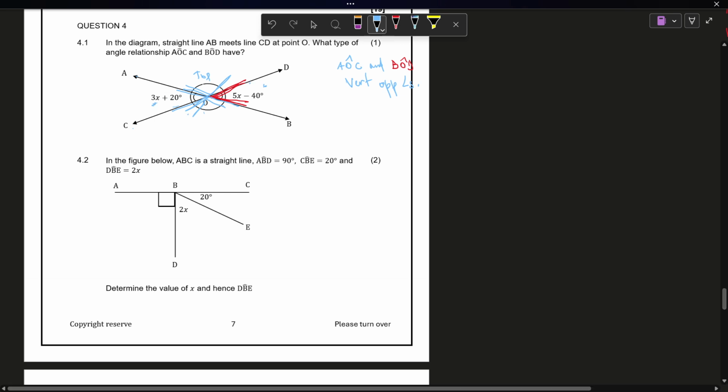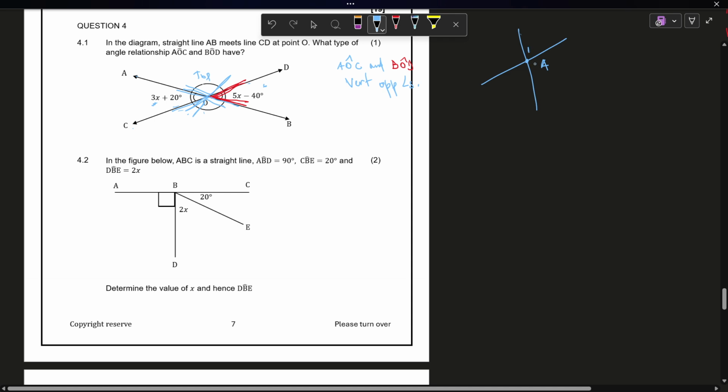So that's why we also call them vertically opposite. So let me just do this. Suppose you have a line right here, and then you cut it somewhere, let's cut it here. Whenever you have two lines, it cuts the point in two and cuts the space in four.